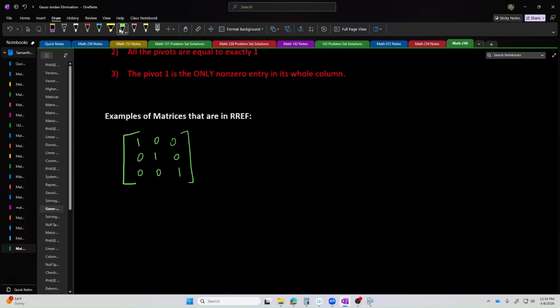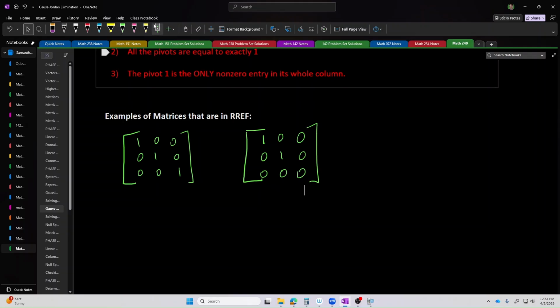Here is another example of a matrix that is in reduced row echelon form. We have 1, 0, 0, we have 0, 1, 0, and we have 0, 0, 0. This is also fine. In this case, we do have a row containing all zeros, but it has been shuffled to the bottom of the matrix, so that's okay.